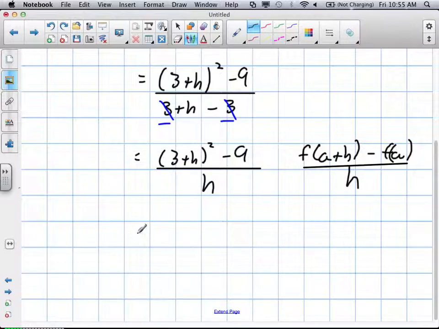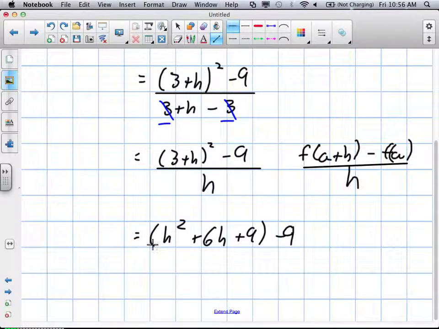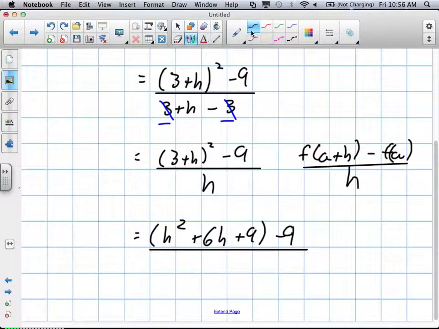So, again, we're going to keep going here. I'm going to expand my brackets. That's going to give me h squared plus 6h plus 9, subtract 9, divided by h. Now I'm going to drop the brackets off of the top.